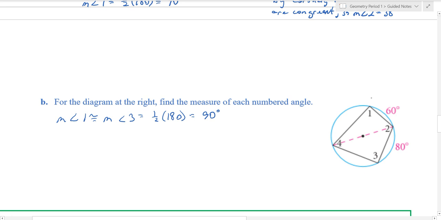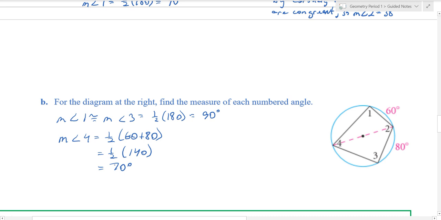But this arc is composed of two smaller arcs. One measures 60, the other measures 80. I can use the inscribed angle theorem to find this. So it goes like this. The measurement of angle 4 equals 1/2 the sum of those two. So we get 1/2 times 60 plus 80, which is 1/2 times 140, which tells me that that is 70 degrees.